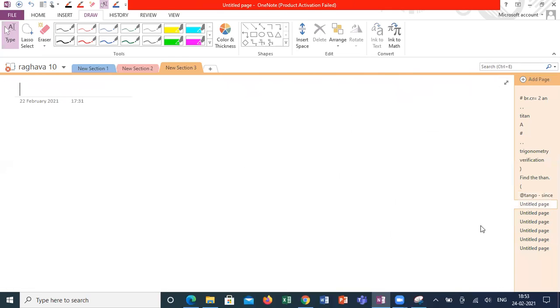Anyone having? Again, I'm writing tan square theta minus sine square theta is equal to tan square theta into sine square theta.